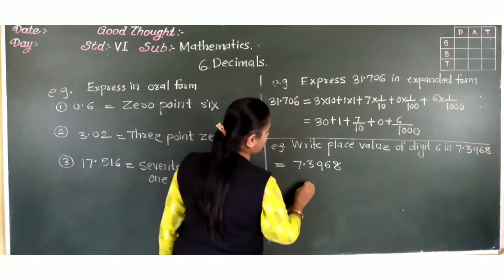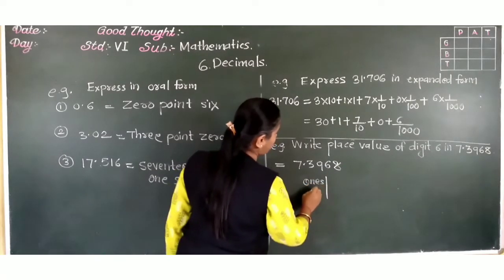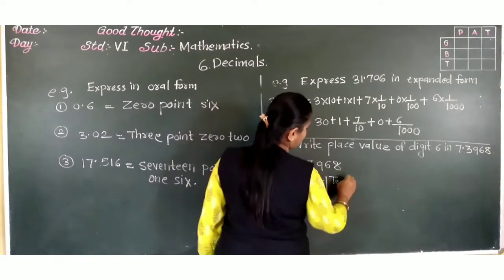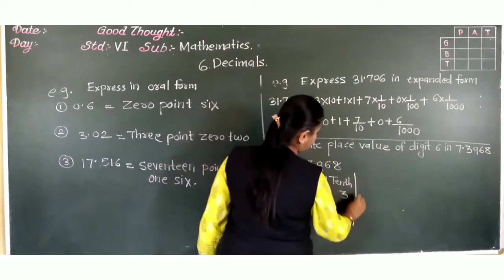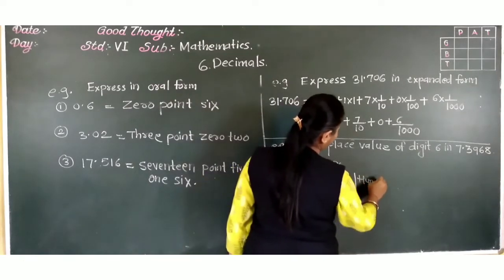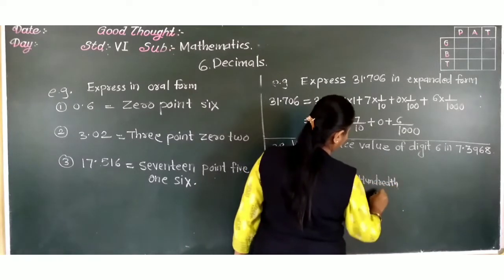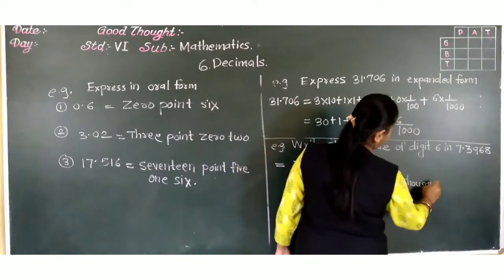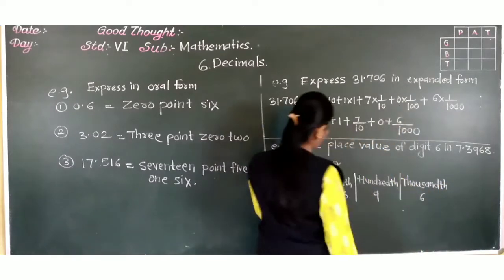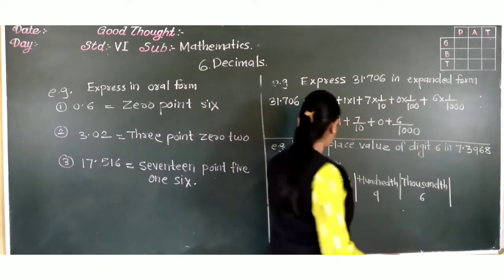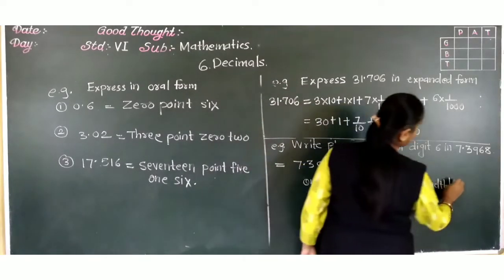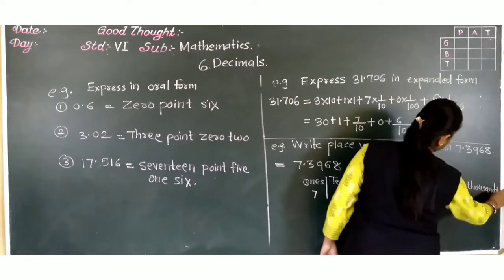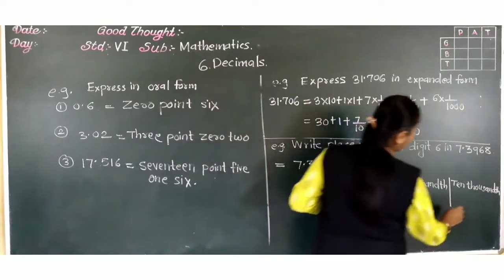The places we will write: 7 is at ones place, decimal point, then 3 is at tenth place, 9 is at hundredth place, then 6 is at thousandth place, and 8 is at ten-thousandth place.